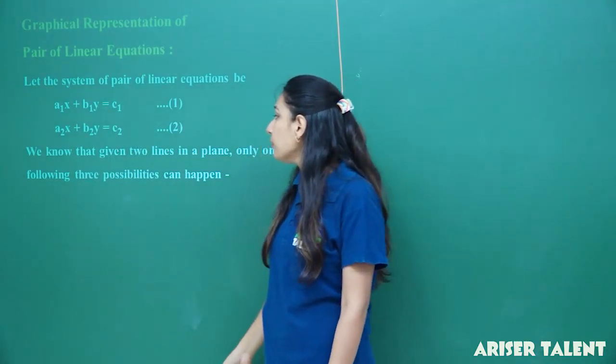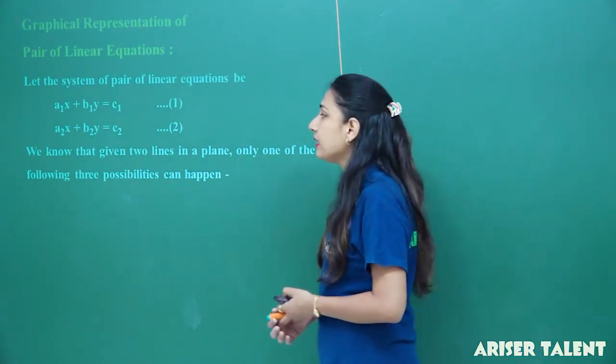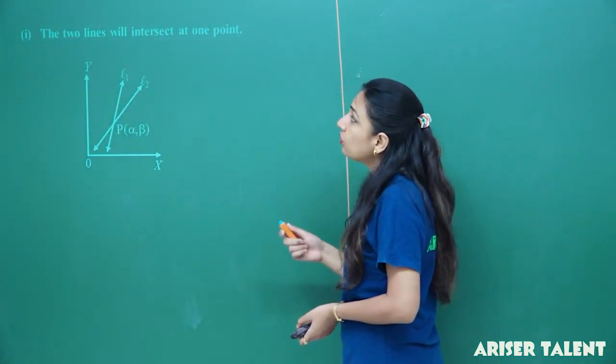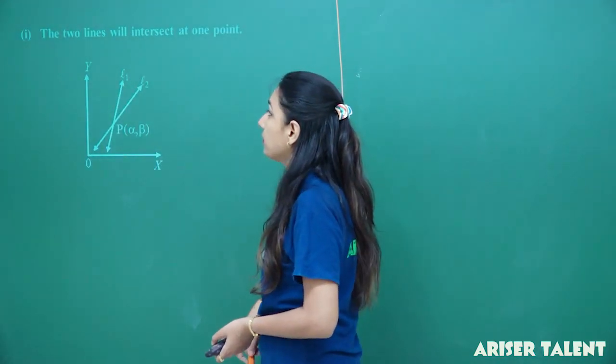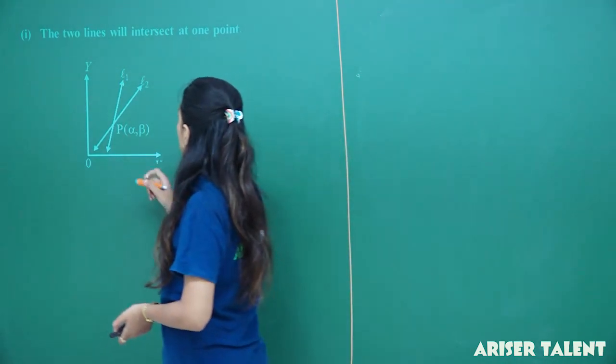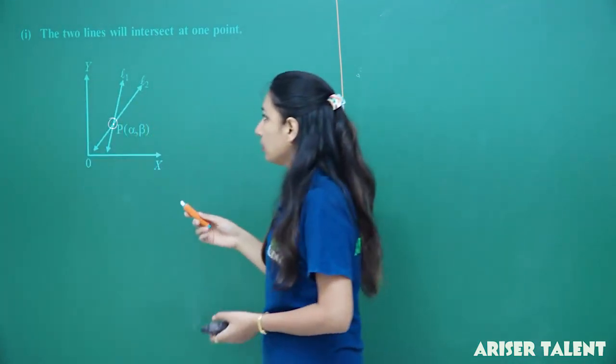Now, we know that the given two lines in a plane, only one of the following three possibilities can happen. Only one of the three possibilities can happen. The two lines will intersect at one point. Right. So, it can have a common value. Right.